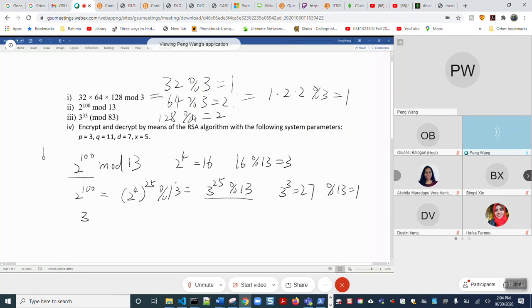And 3 power 25 equals 3 power 3 to the power 8, times 3. Then we know it is 1 power 8 times 3 mod 13, which equals 3. This is for the second question.